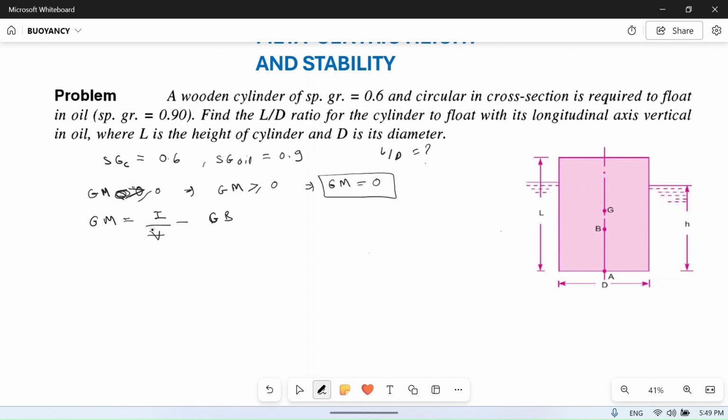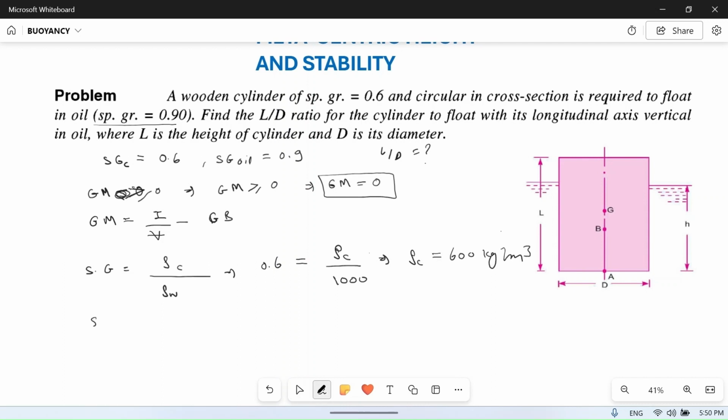First of all, here it is not water, here it is oil. Specific gravity is equal to density of cylinder divided by density of water. So the specific gravity of the cylinder, 0.6, is equal to density of cylinder divided by density of water, which is 1000 kg per meter cube. So the density of the cylinder is 1000 into 0.6, 600 kg per meter cube.